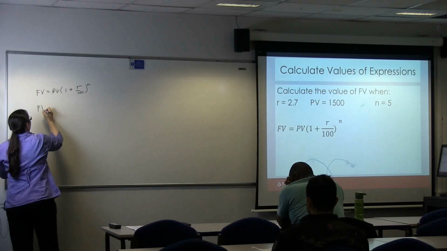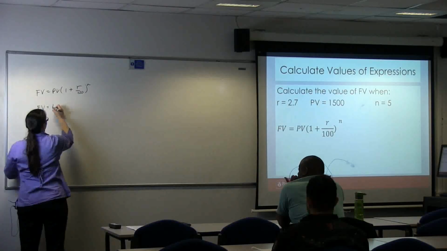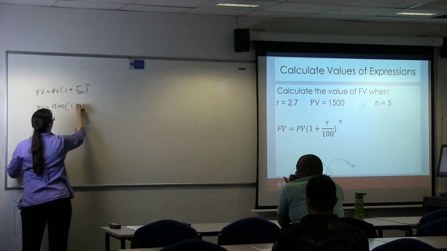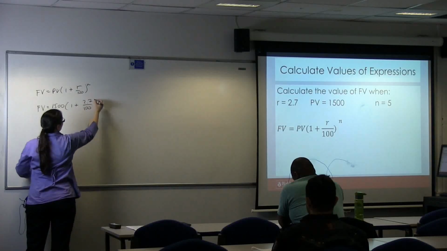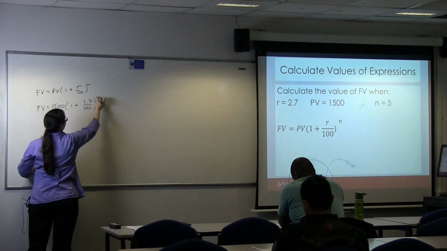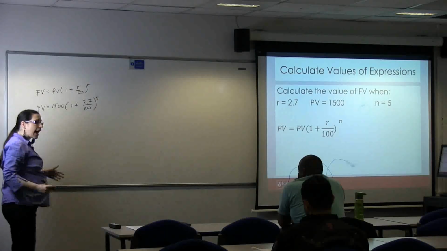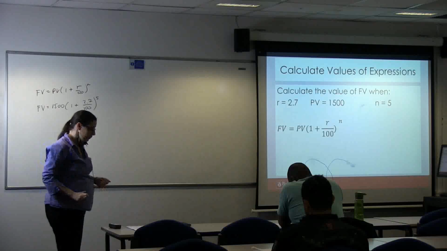So I know that I have got £1,500 and I've got 2.7% interest on it, and if I put my money away for 5 years, how much money am I going to get back?